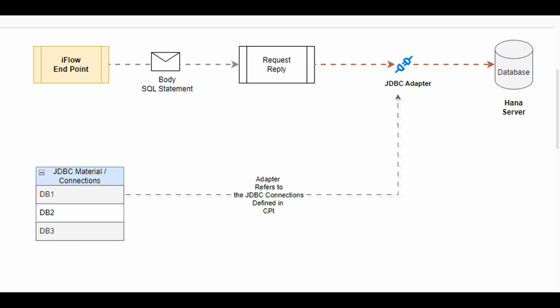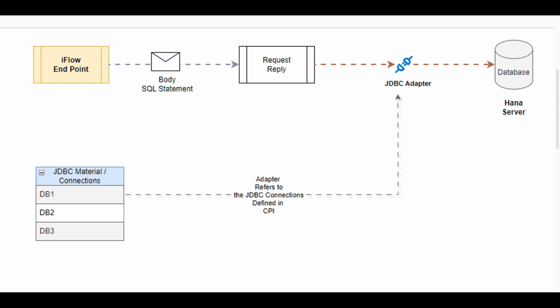Instead of writing the same logic in multiple places or overloading your iFlow with heavy processing, you delegate that to HANA, where it is optimized to run. This not only improves performance but also ensures consistency, reusability, and easier maintenance across your landscape.